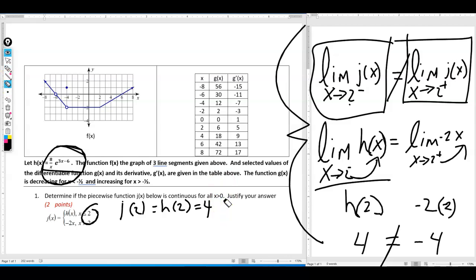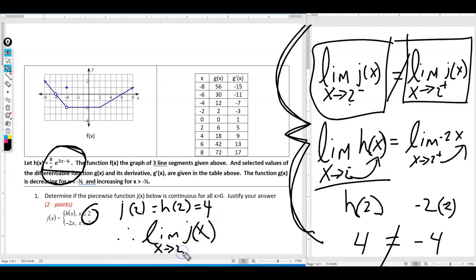We did that earlier. Then the next thing I would show is this. And this demonstrates for us that therefore the limit of j of x as x approaches 2 does not exist. So therefore we would say no, it's not continuous.